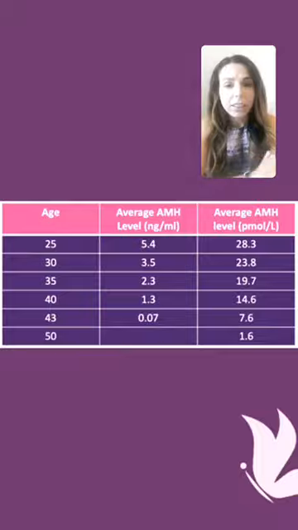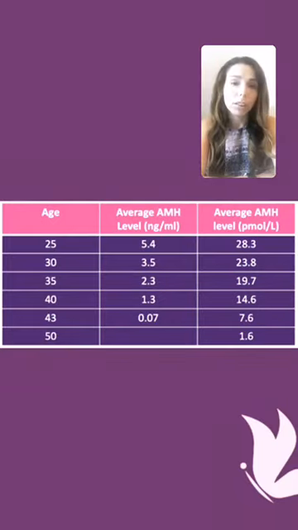As you can see here in this graph, the values of AMH can be presented by the laboratory in different formats. So you need to see which laboratory you're using. Depending on where you are in the world, it can be presented in nanograms per milliliter or pmol per liter. So when you have your results in front of you, just make sure you see what is the concentration in the units that are being presented.